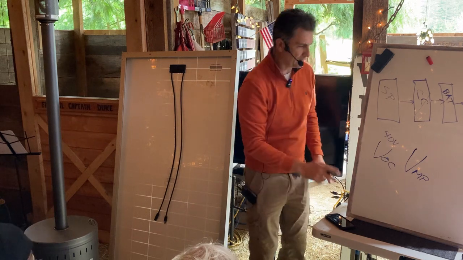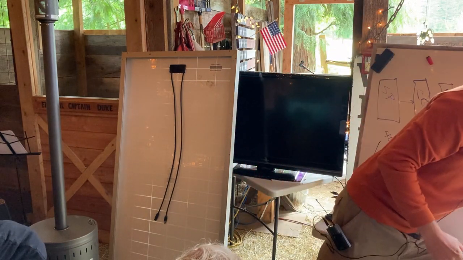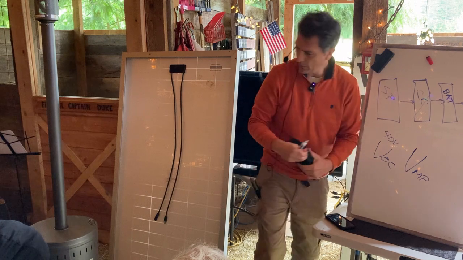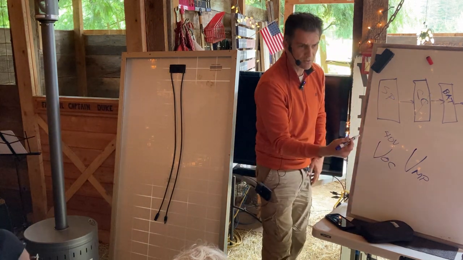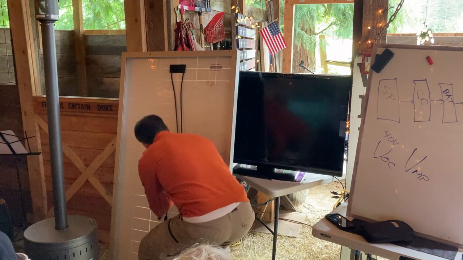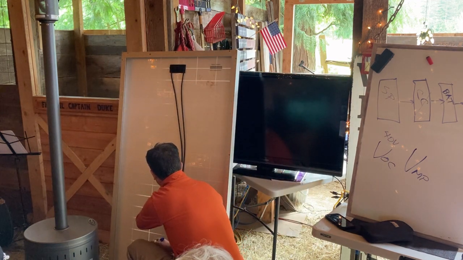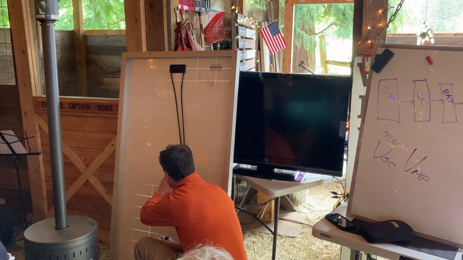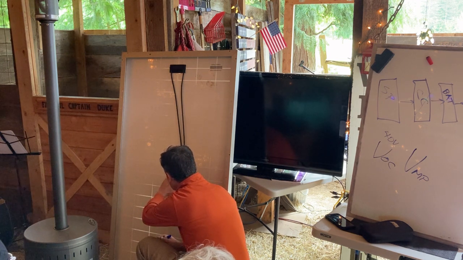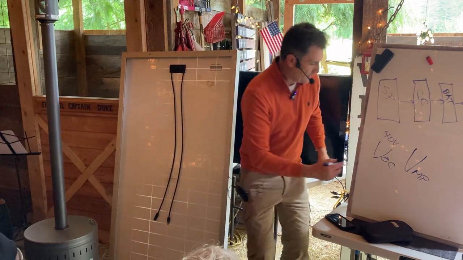So if I took a multimeter right now and put this in the sun and measured the voltage, you're going to get a voltage. What does it say? It is 18, no, that's a peak power. Open circuit voltage, VOC, and they're actually saying UOC, that's kind of a European thing, 23 volts.